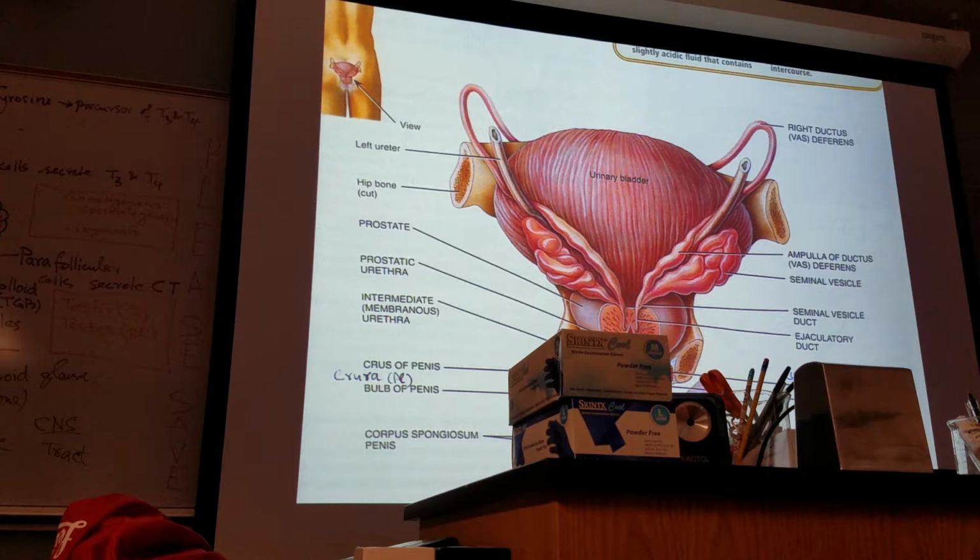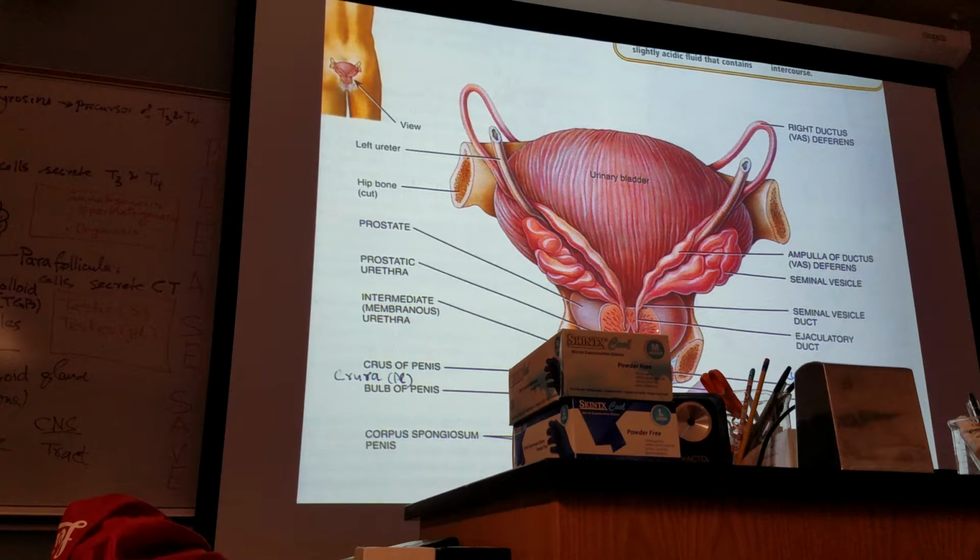You can write that down. If I did not write the deep muscles of perineum, you can find urogenital diaphragm in the study guide. And there you can see the duct of the bulbourethral gland into the membranous urethra or intermediate urethra.